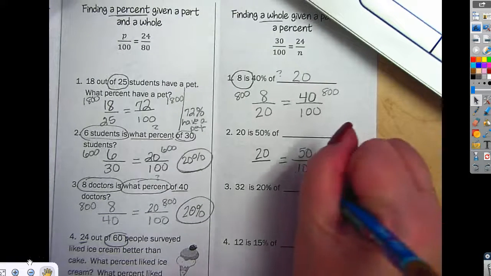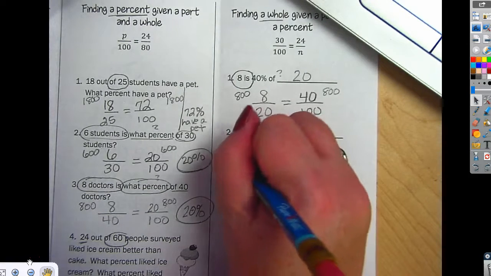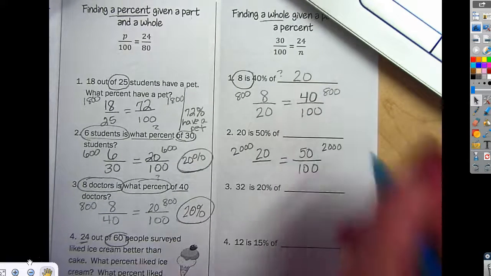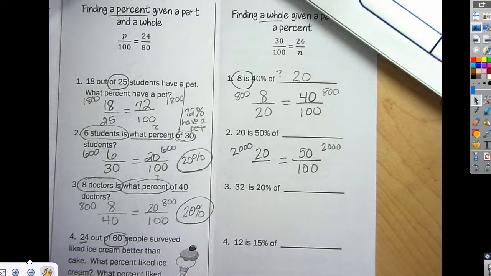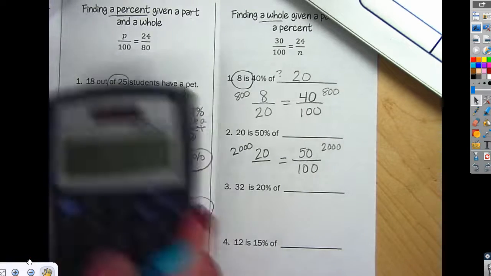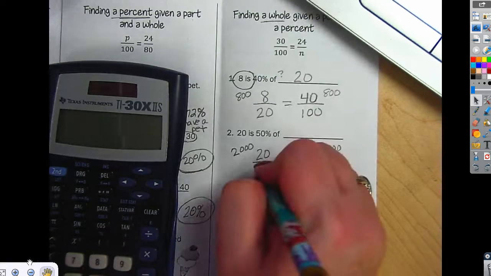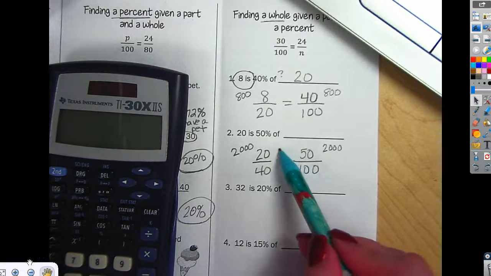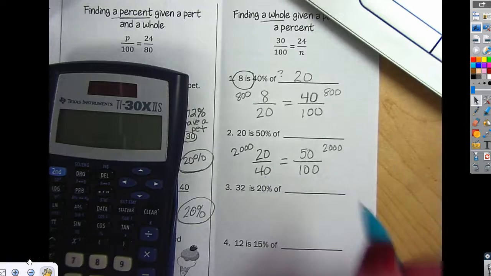Cross multiply. 100 times 20 is 2,000. 2,000 divided by 50 is, what is it? 40. Yes, 40. Because 50 is half of 100 and 20 is half of 40.